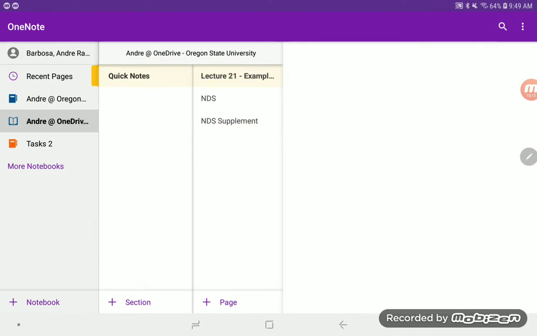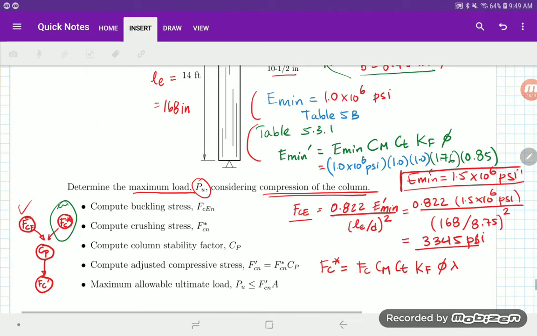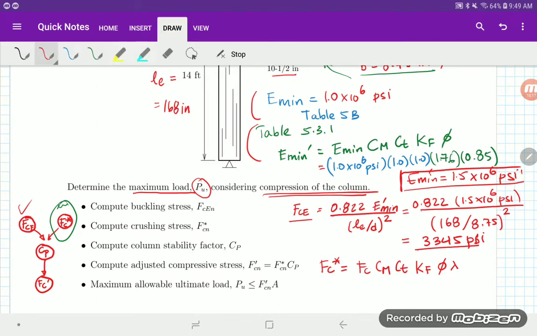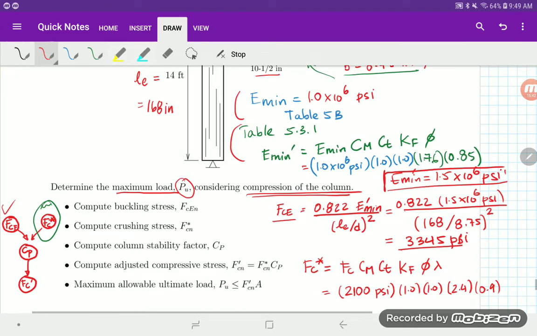All right, so lecture 21, let's go back and compute here. 2100 psi, and then C sub m was 1.0, C sub t 1.0, K sub f, which we already saw in table 5.3.1, was 2.4, phi 0.9, and the last number we have here is 0.8 for lambda.